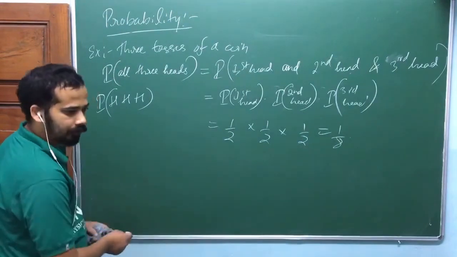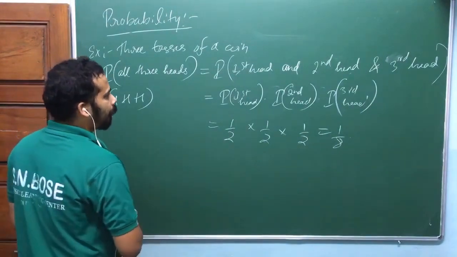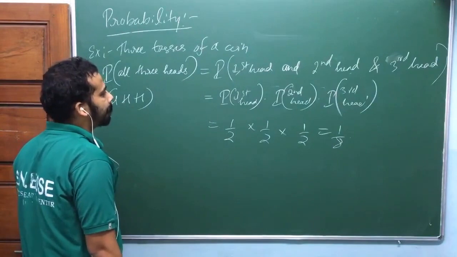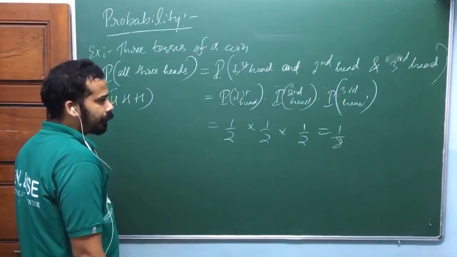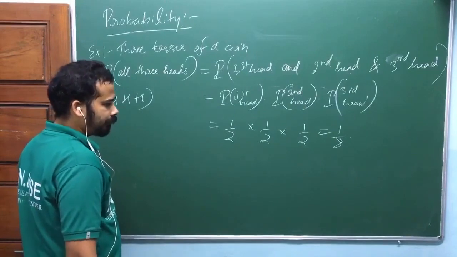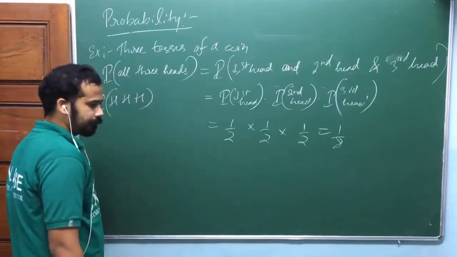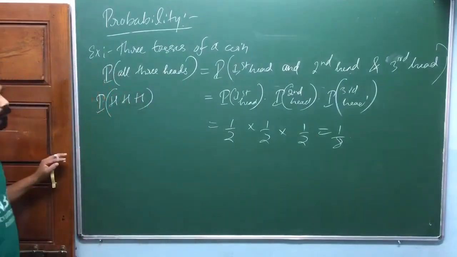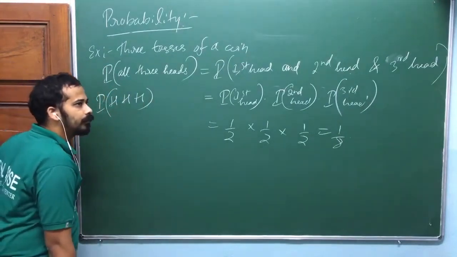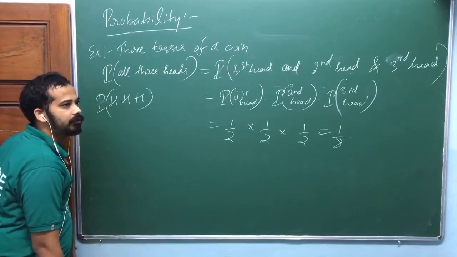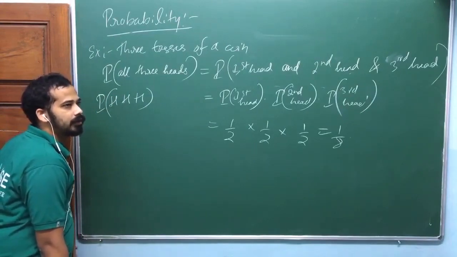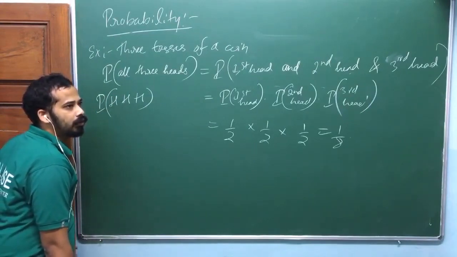Sir, if we don't specify the position of tail, like first head, second head, third tail, and we say what is the probability of getting 2 heads and 1 tail? Wait a second. Sir, then it will not be 1 by 8, na? No, then it will not be 1 by 8. Then also it will be 1 by 8 actually. Check it out.